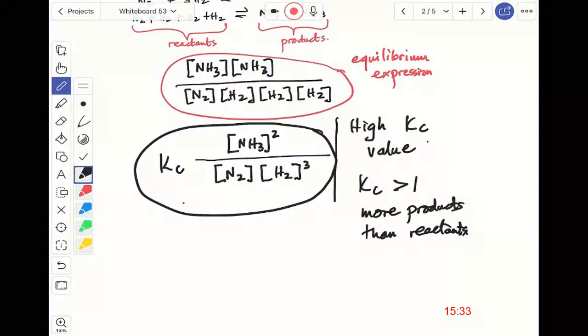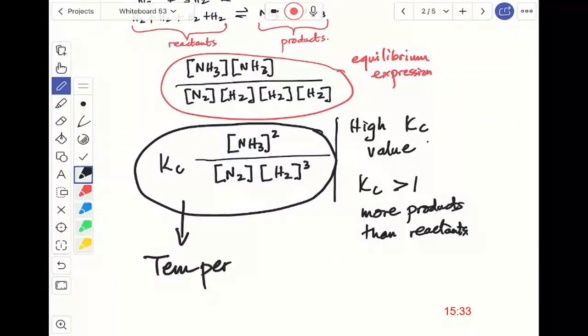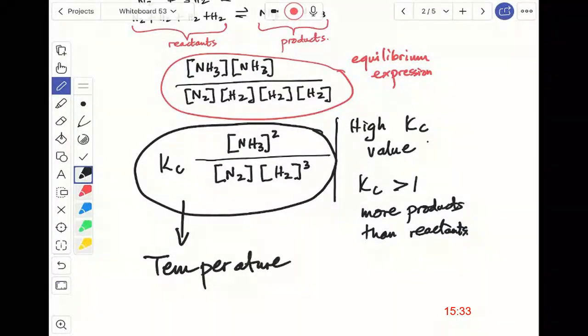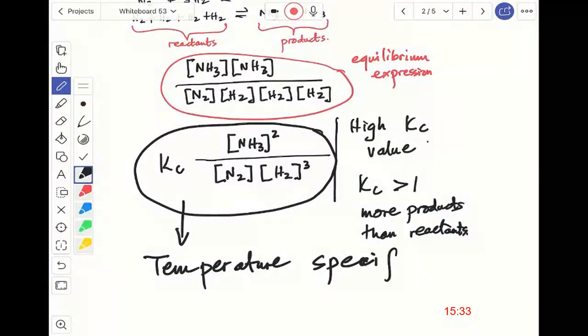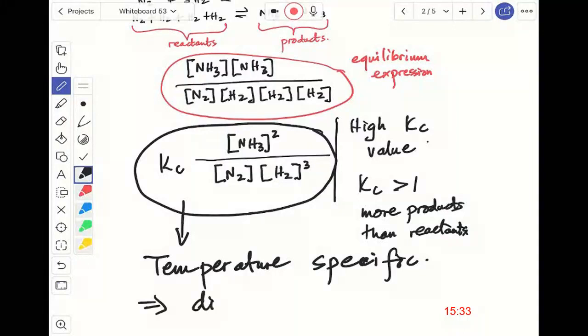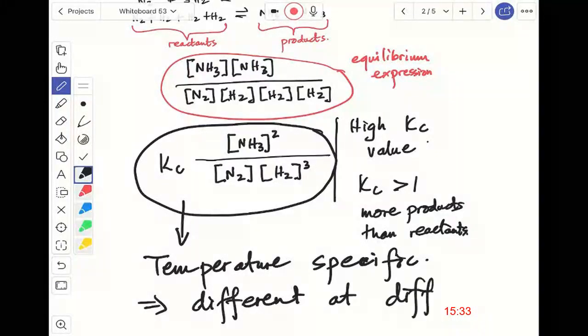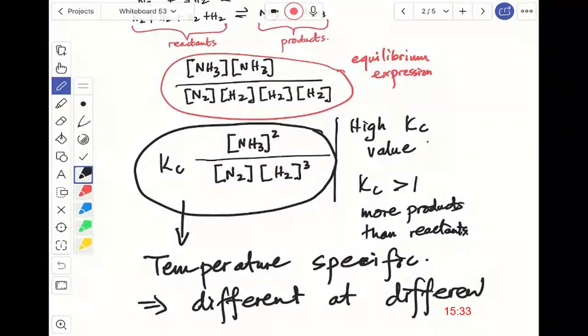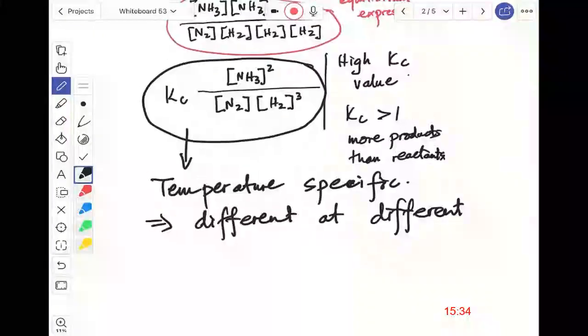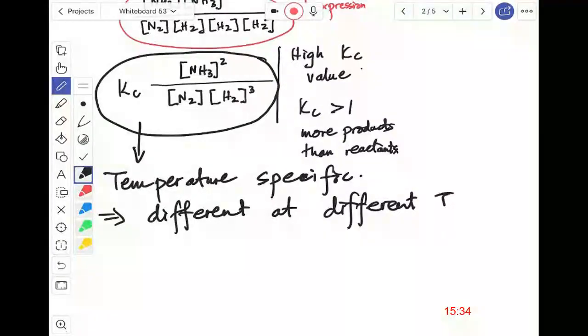And these Kc values are temperature specific. In other words, they are different at different temperatures.